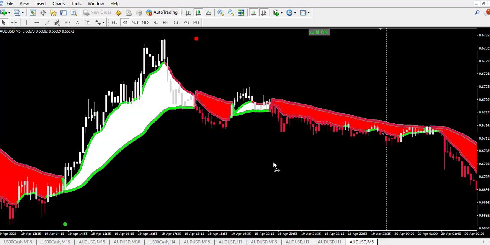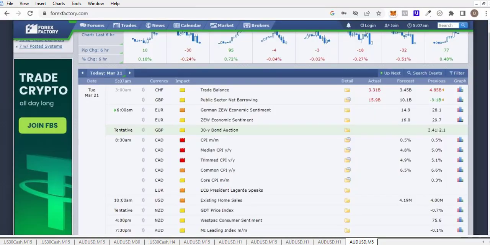Before you take any trade at all, please always check Forex Factory for news before you take any trade, and see if there are any pairs that you want to trade that have news in the next 30 minutes or 1 hour, and do stay away from it.